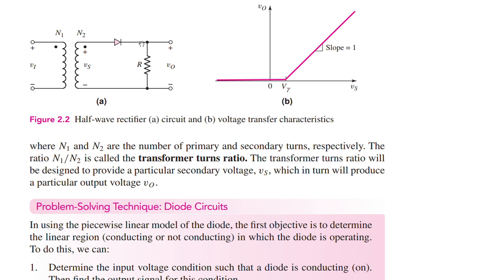And if we take the difference of the two voltages, 0 on the right hand side and minus Vp on the left hand side, the difference will be 0 minus (minus Vp), equal to Vp. So if the secondary winding voltage has a peak value of 10 volts, the maximum reverse voltage or peak inverse voltage across the diode for this half wave rectifier circuit will also be 10 volts.